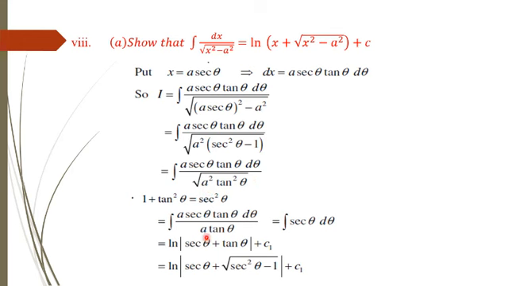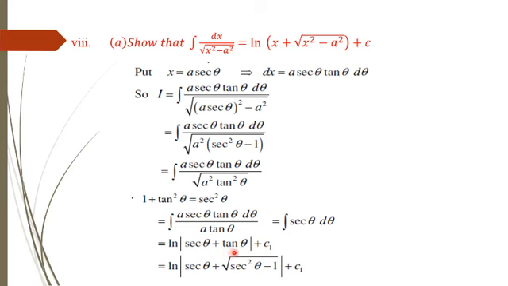Then we have only a tan theta in the denominator. Then this a cancels out with this a, and this tan theta cancels with this tan theta. We have only integration of secant theta d theta. And we know that integration of secant theta is natural log of secant theta plus tan theta.